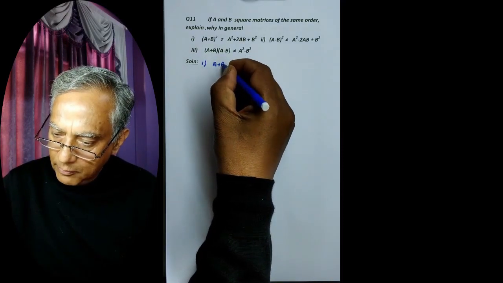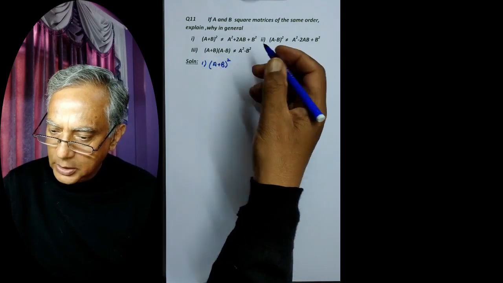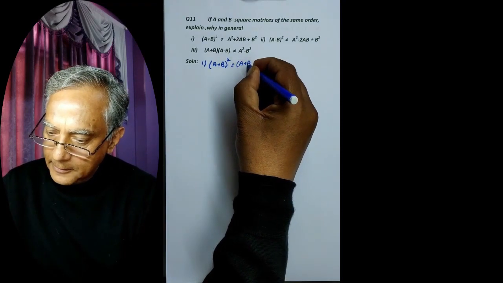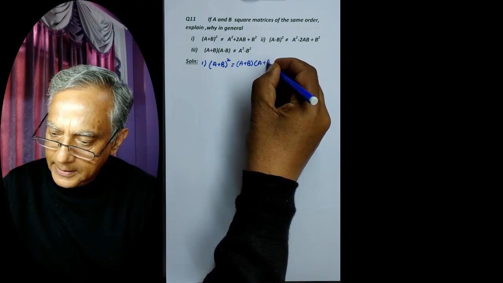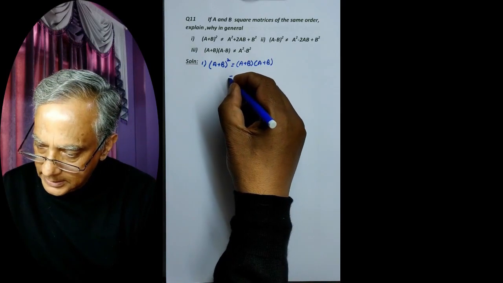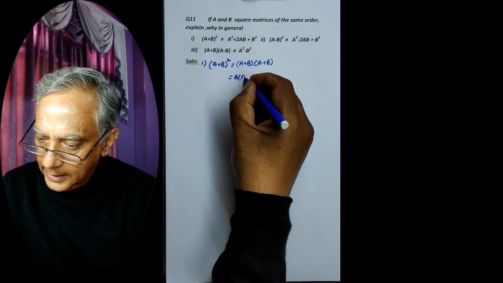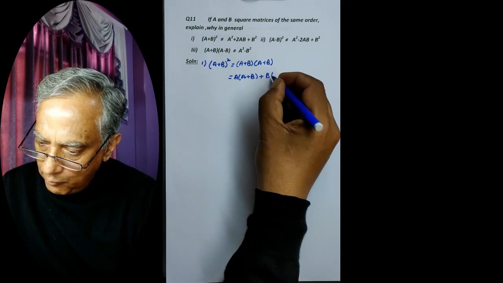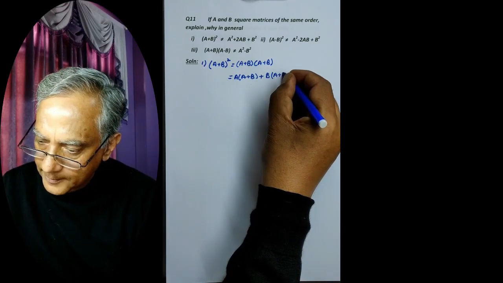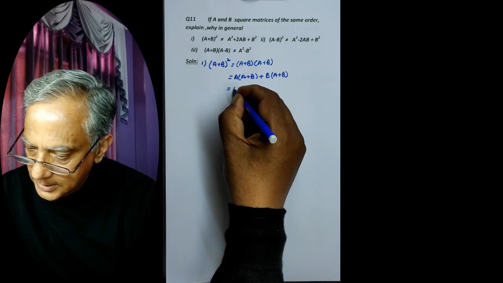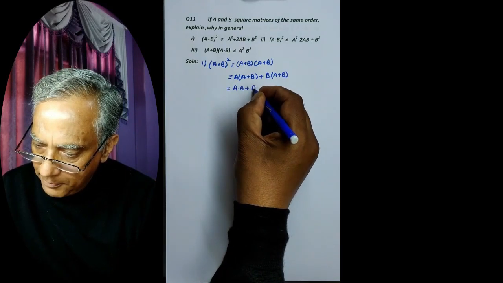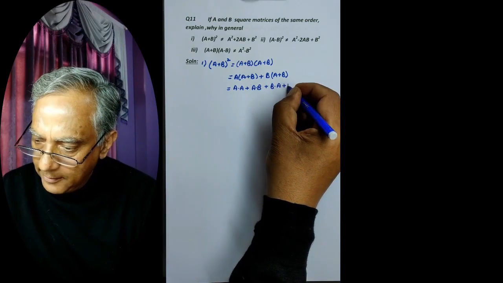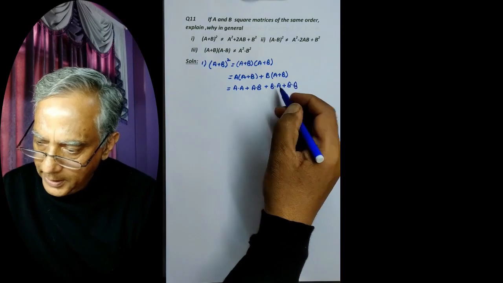A plus B whole square is equal to A plus B into A plus B, and this is equal to A into A plus B, A into this plus B into A plus B. This is equal to A into A plus A into B plus B into A plus B into B.